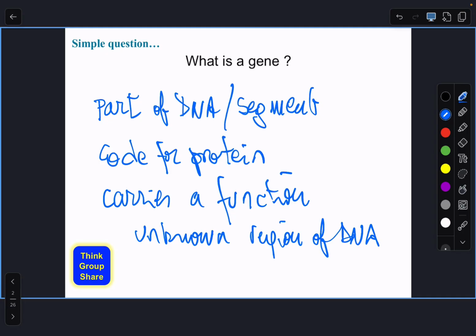Big word that starts with H. Really good. Heritable characteristics, heredity, right? That's the other thing that we normally associate genes and genetics with, right? The transmission of information from one generation to the next. Because it is true that DNA codes for either a protein or some sort of function, or even functions that we may not know of yet.